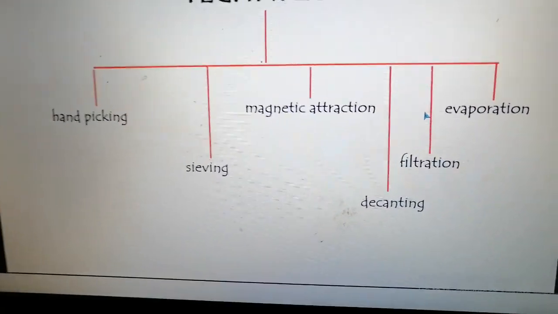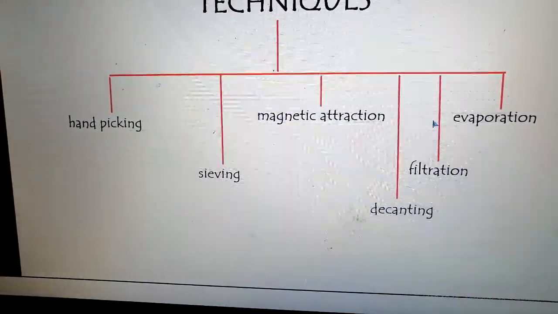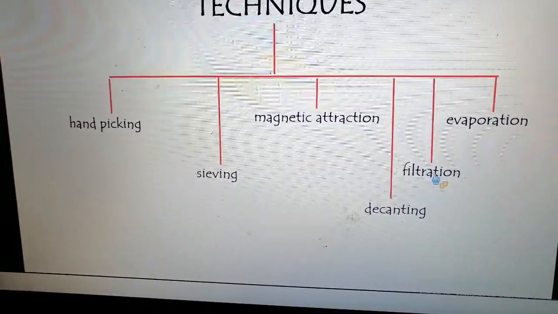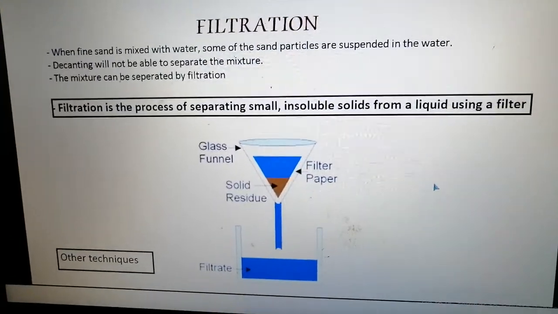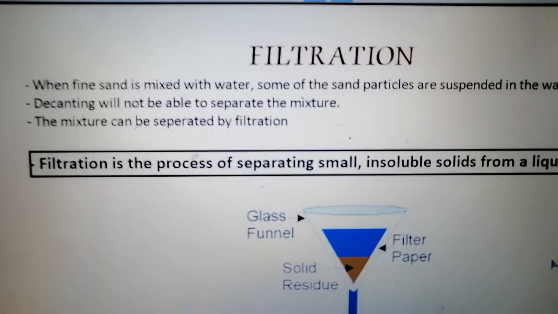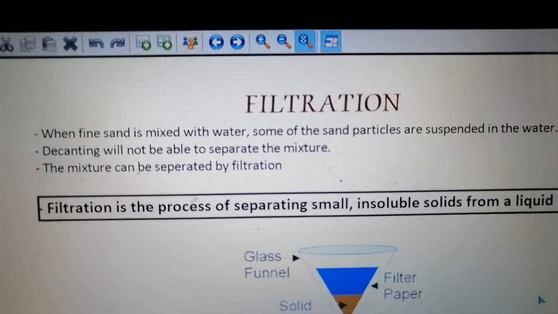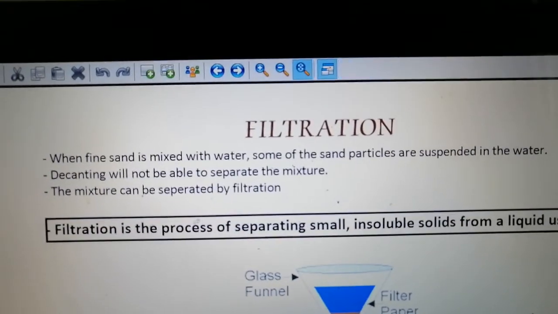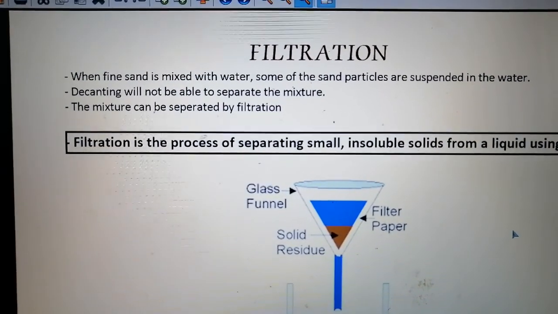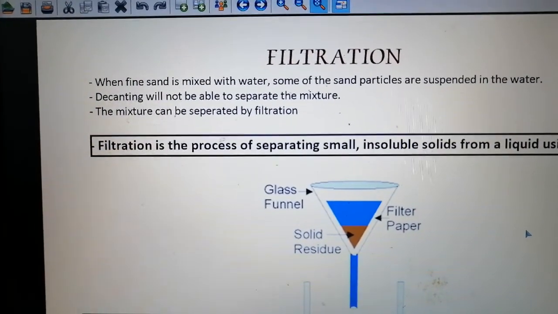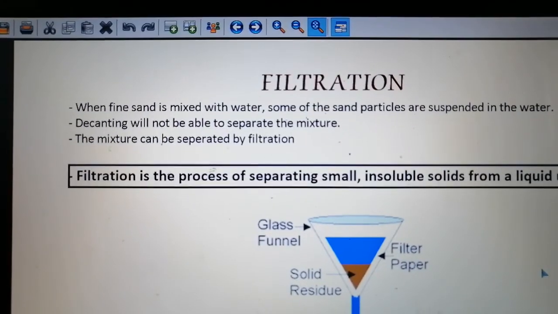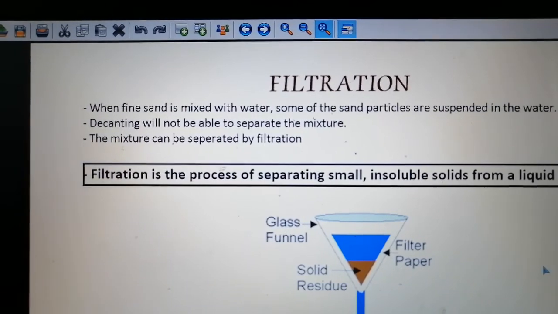Let's continue. The fifth technique is filtration. What is filtration? Before this, we already learned about decanting. Decanting is actually the same as filtration, but in filtration we use filter paper. When fine sand is mixed with water, what is fine sand?